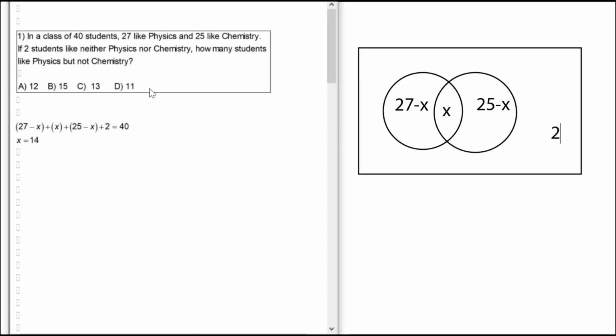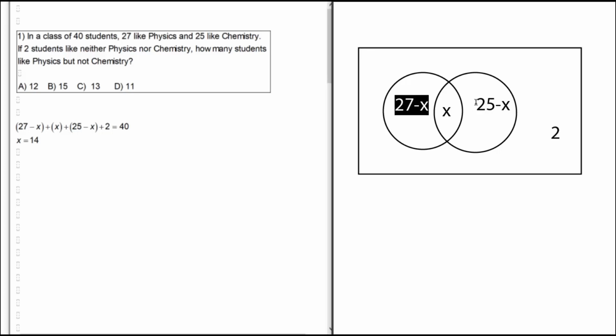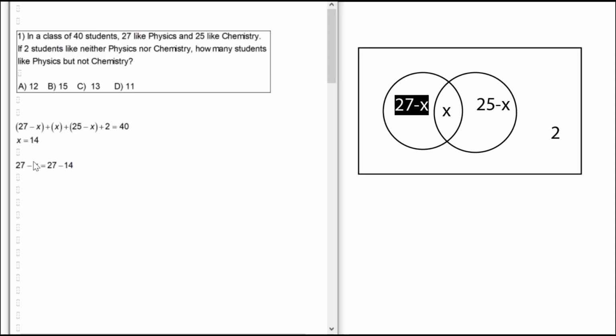But the question is, how many students like physics but not chemistry? So where is that in the Venn diagram? It's actually here. This region is the number of students who like physics, but they don't like chemistry. So we just need to find the value of 27 minus x, and that is equal to 13.